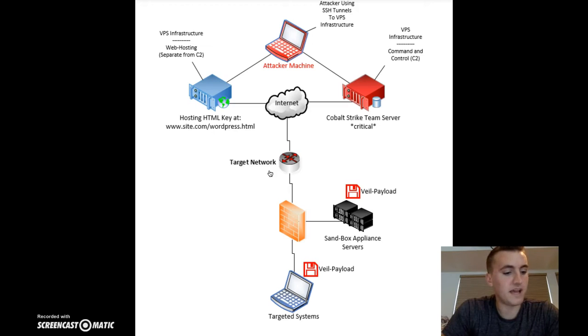So let's take a look at the independent architecture that we have set up here. As said before, the VPSs are separate, and the sandbox appliance will only be talking to the first VPS web hosting instance, which is separate from the C2.